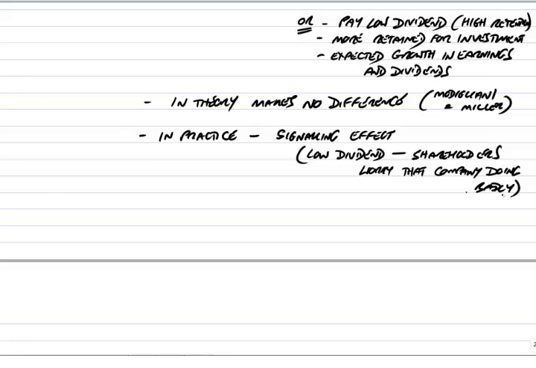So even though they may be paying a low dividend in order to get high growth in the future, which is not bad, if shareholders worry that the company's doing badly, it causes problems.